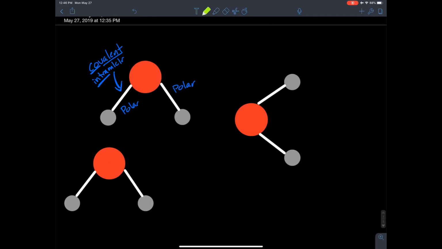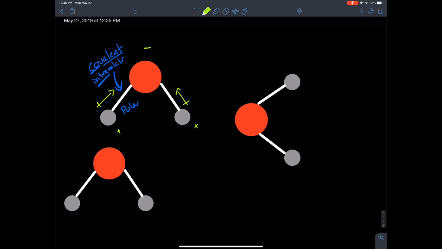So we use our electron color here, and these electrons are getting pulled this way in this atom. The oxygen pulls the electrons towards itself, and that creates two poles in this molecule. You have a negative charge up here because the electrons are getting pulled that way, and then these hydrogens have positive charges down here. So it's a polar molecule.